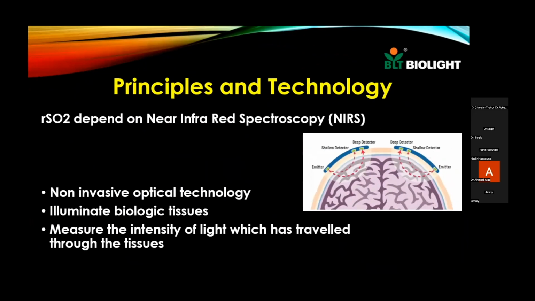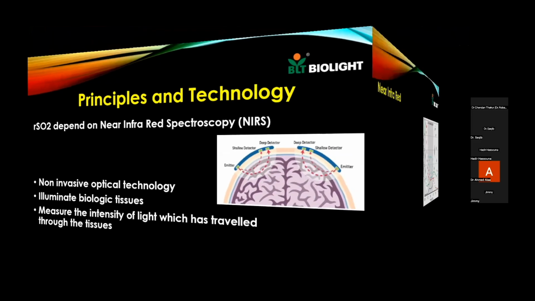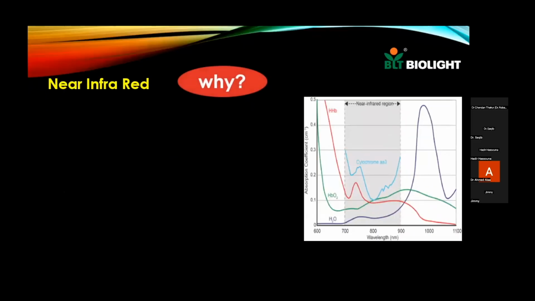Regional saturation depends on near-infrared spectroscopy technology, which is a non-invasive optical technology that illuminates the biological tissue and measures the intensity of light which has traveled through the tissues. Why infrared light?